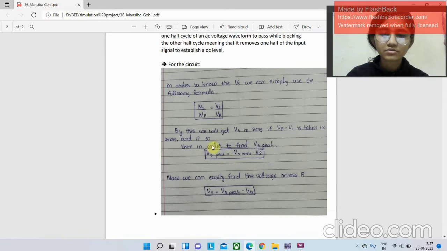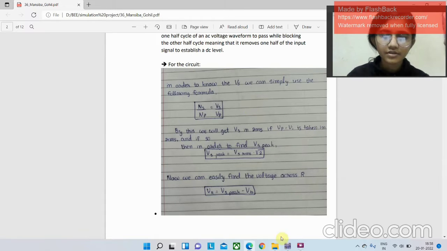Now, how can we find the RMS value of the input and of the output? In order to do that, as we have taken the step down transformer, we can simply use the formula NS by NP equals to VS by VP, and we can find the VS value, which will be in the RMS. And in order to find the peak value, we simply need to multiply the RMS value by root 2.